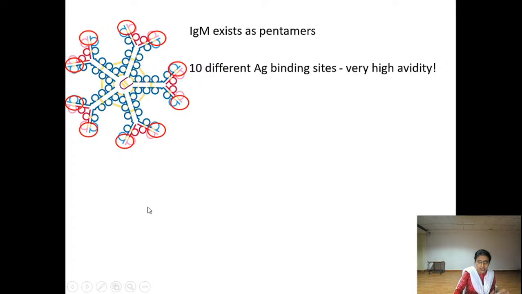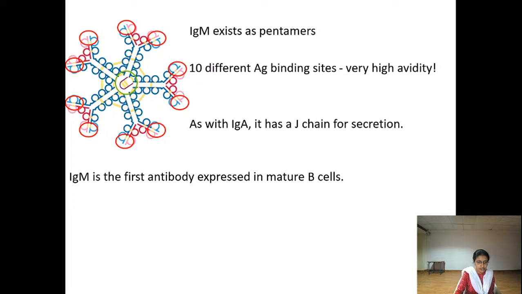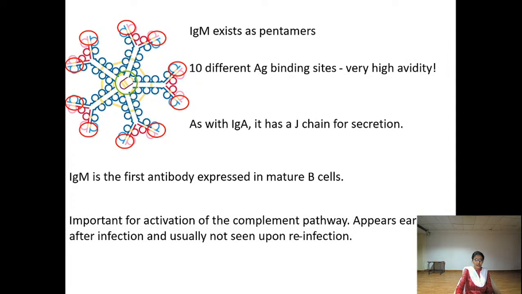Okay, so it has very high avidity. As with immunoglobulin A, it also has a J chain for secretion. It is the first antibody expressed in the mature B cells. It is again important for the activation of the complement pathway. It appears early after infection and it's usually not seen upon reinfection.